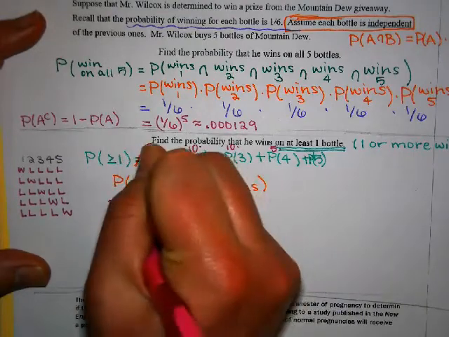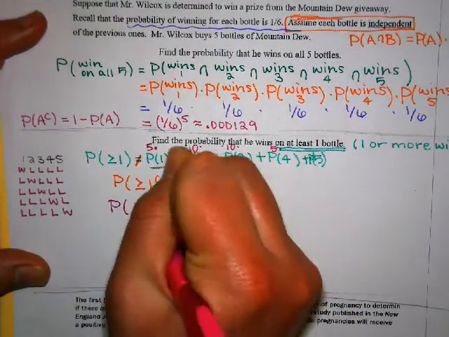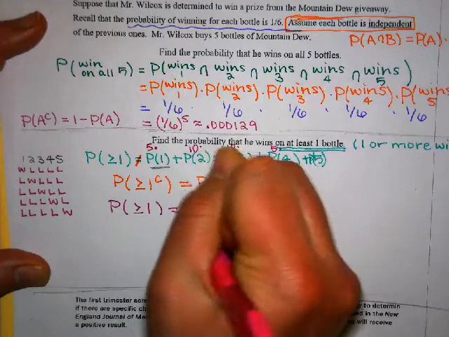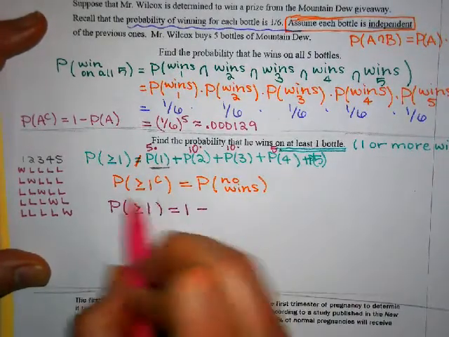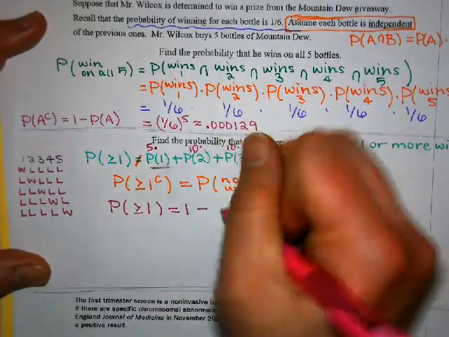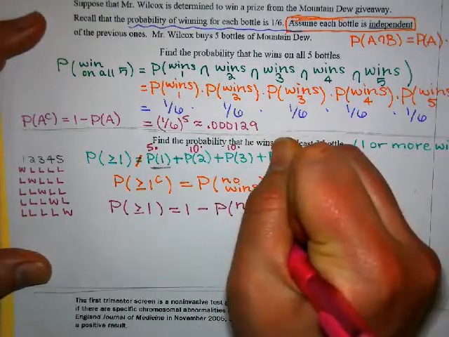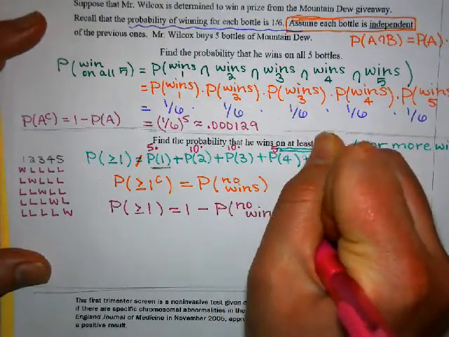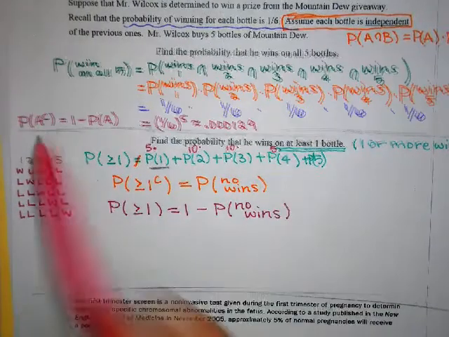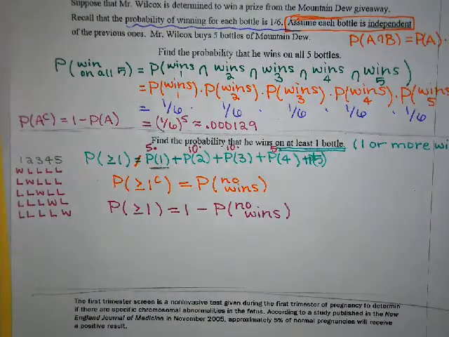So we're going to do 1 minus the probability of at least one complement, or having no win. We could show that part, but trust me, this follows that rule.